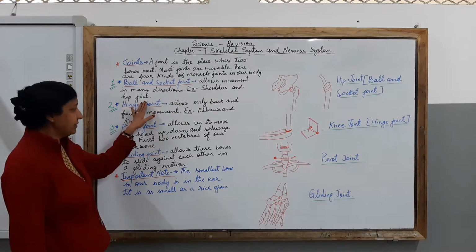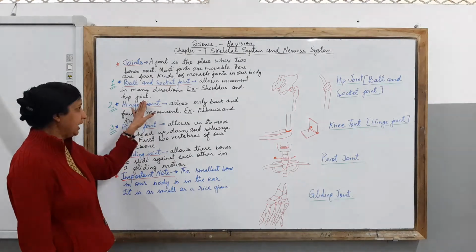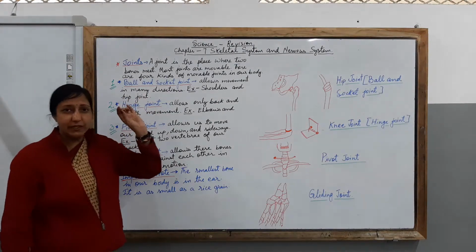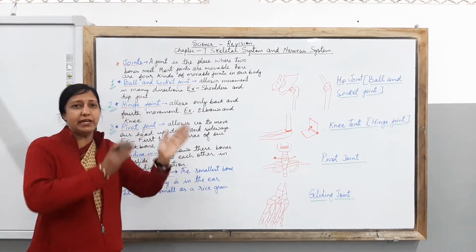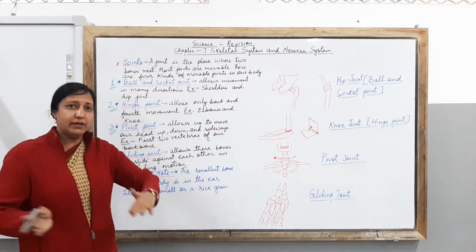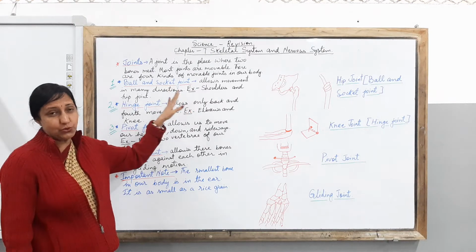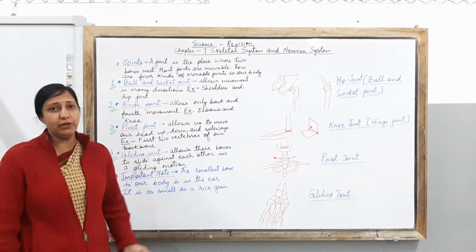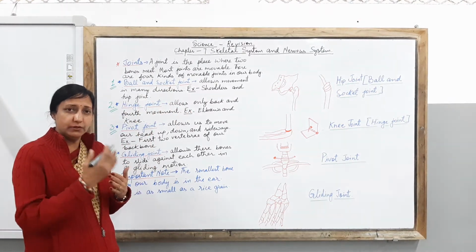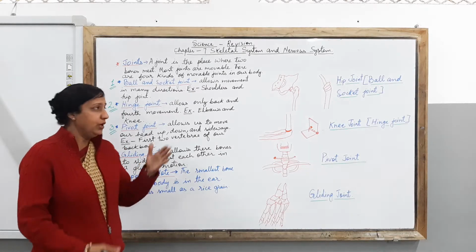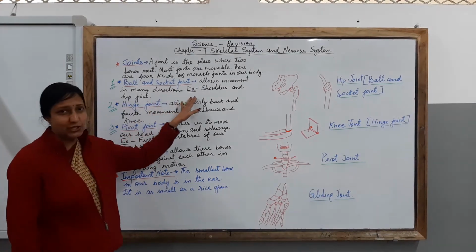So you can say that this kind of joint is present in our shoulders. Then another place where it is located, children, is the hip joint. It is placed at the hips, where a person can also move his leg in many directions. With the help of this, you can do many activities and many kinds of movement with the help of the ball and socket joint.